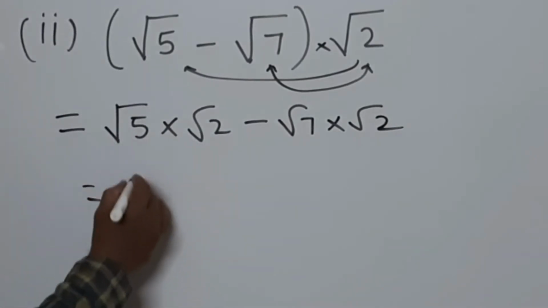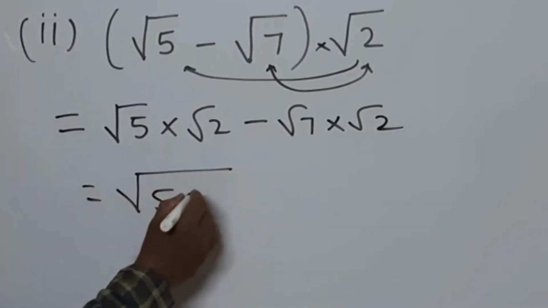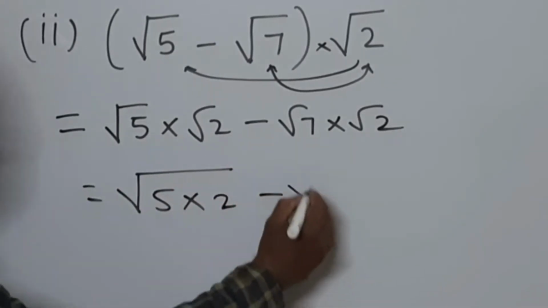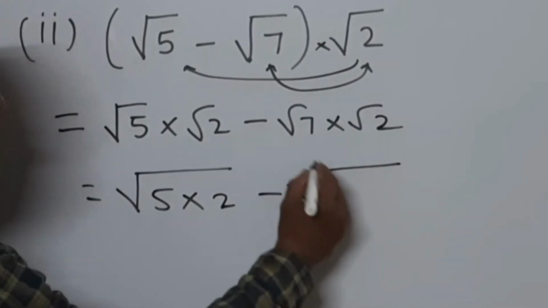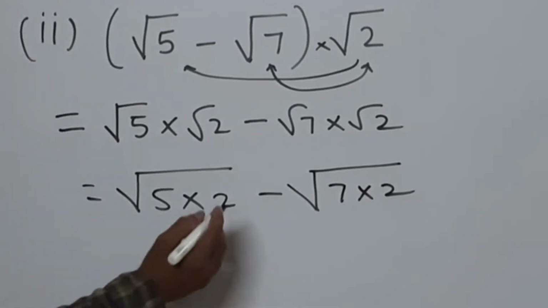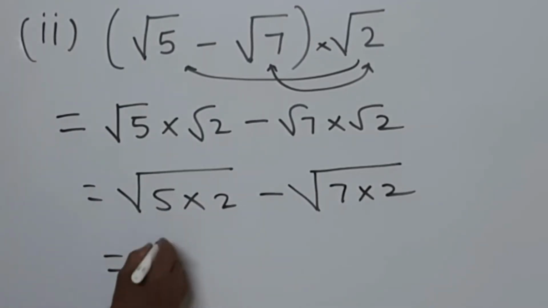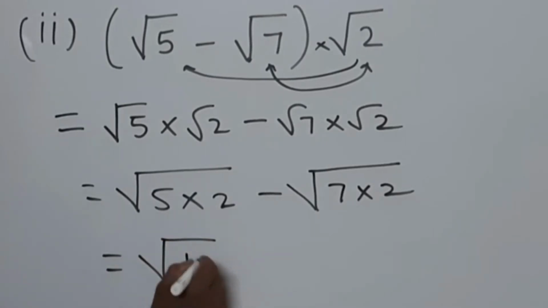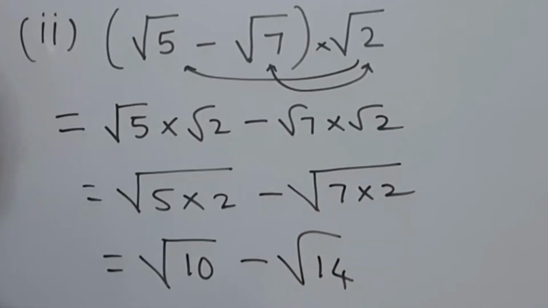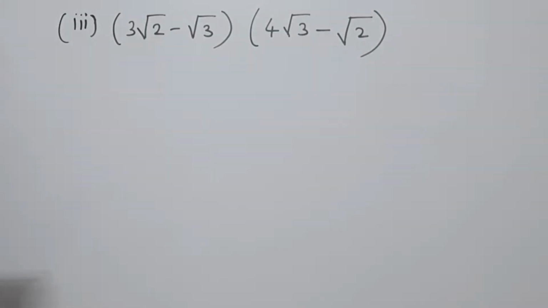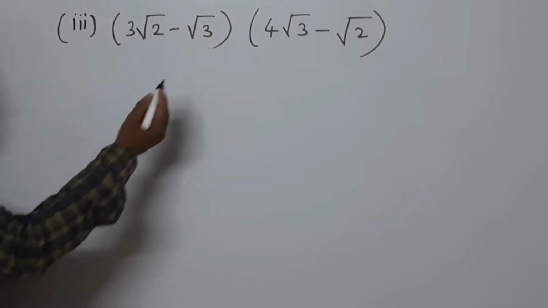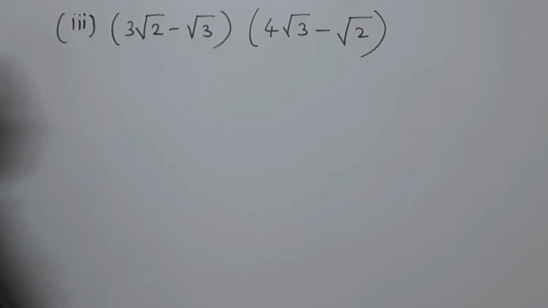Now taking the numbers together under the radical sign, 5 into 2 minus 7 into 2, since the order of the square root is the same, we can multiply the numbers. Which is equal to root 10 minus root 14 is the answer.